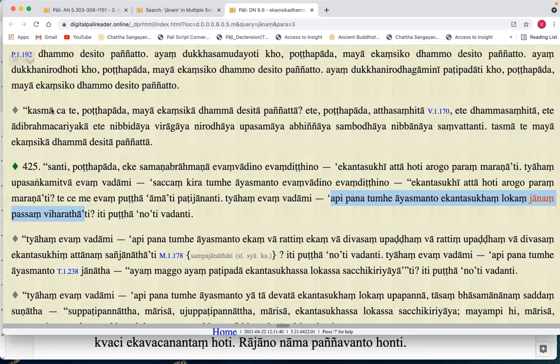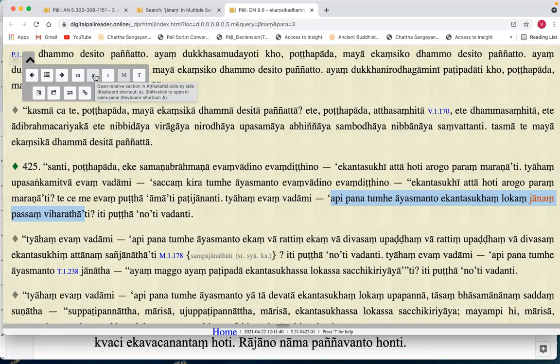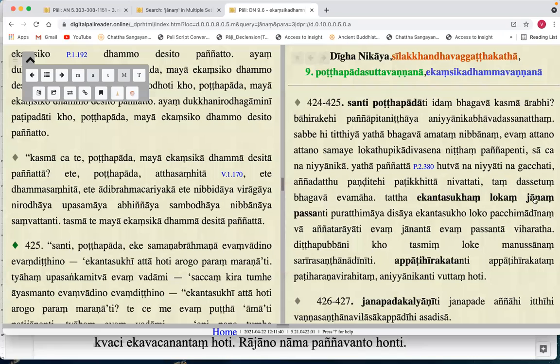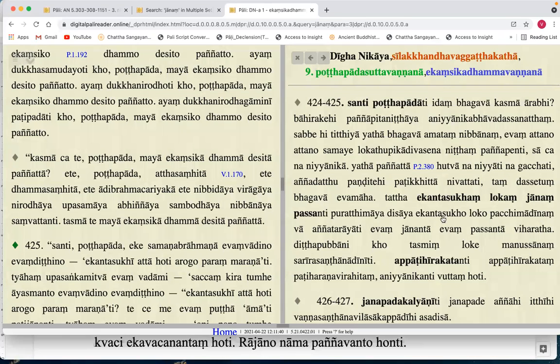So that is what is in the commentary. Paragraph number 425. So Janam Basandi, Palinayadisangaha ekanta sukham lokam. So here you see Jananda, evam jananda, evam basanda viharata.